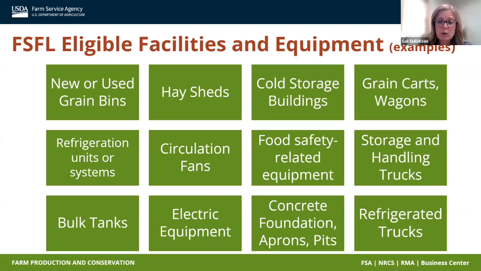Eligible facilities and equipment may be new or used, permanently affixed, or portable. These types of new and used facilities and upgrades must have a useful life for at least the term of the loan. I just wanted to note that facilities built for commercial purposes and not for the sole use of the borrower are not eligible for financing.